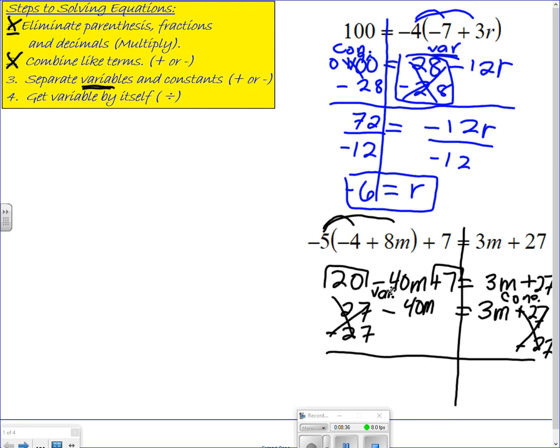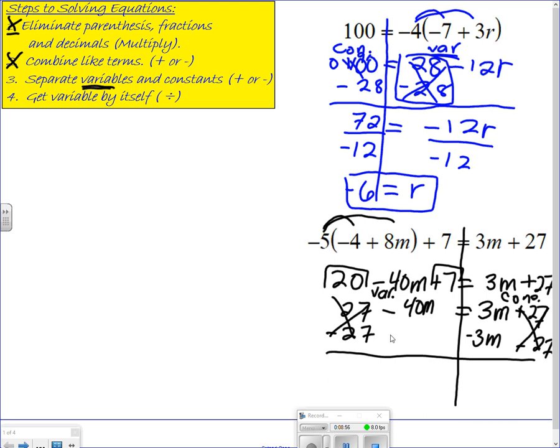Same problem. Left side, I want variables, I want letters. -40m has a letter, so I'm done with this. Right side, constant means numbers only. I want numbers only. 3m is not numbers only, get rid of it. The opposite of 3m is -3m.